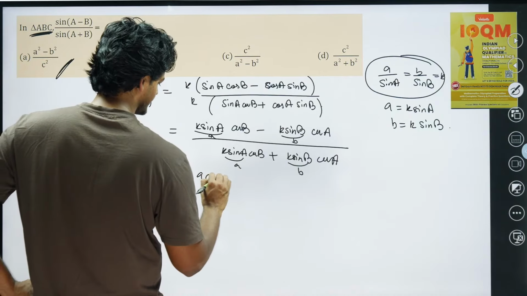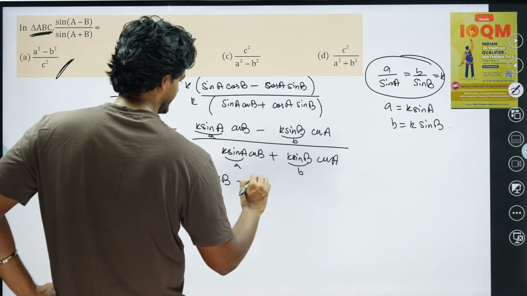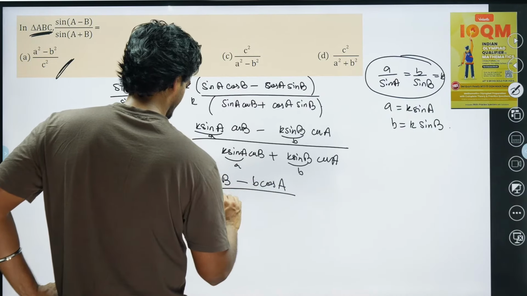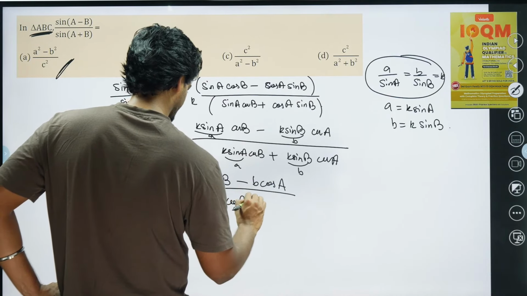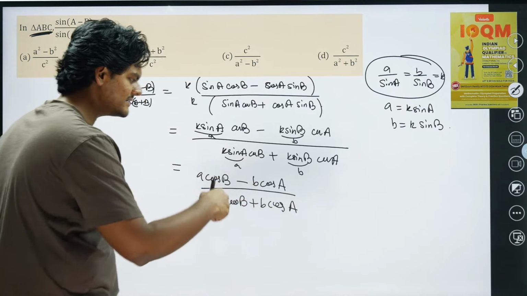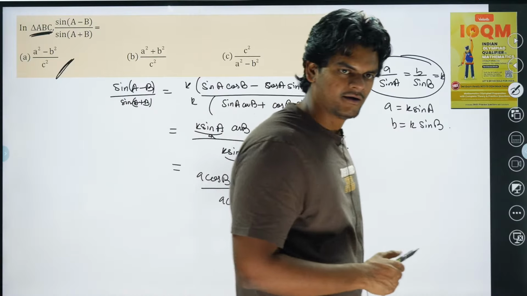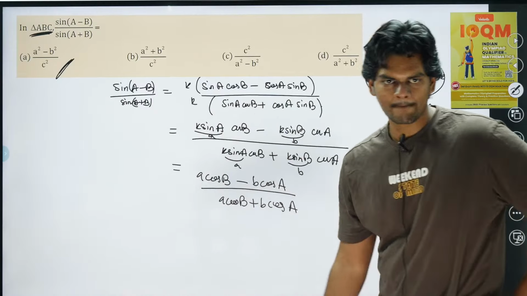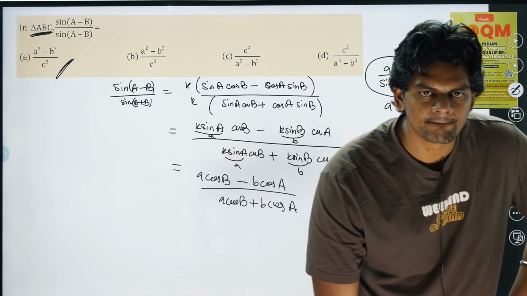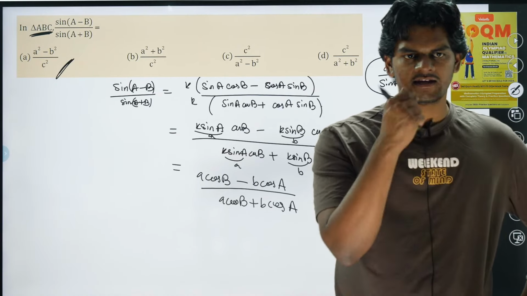So a cos B minus b cos A by a cos B plus b cos A. Do you know what the denominator is?